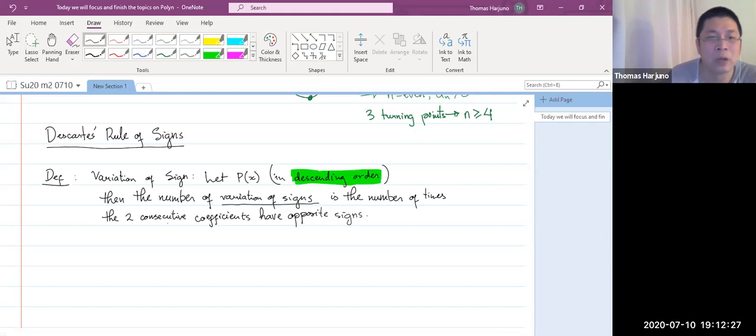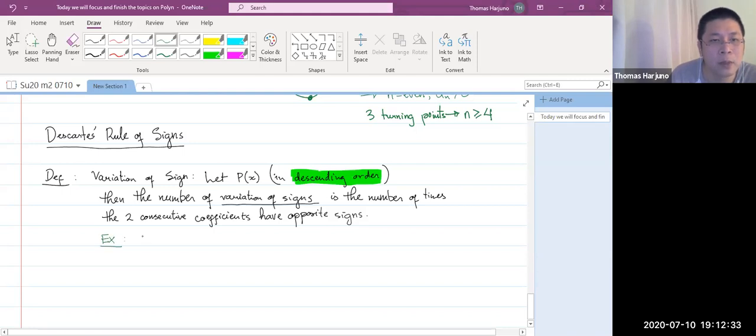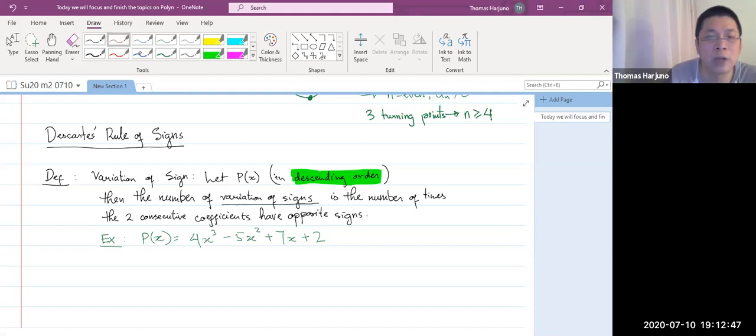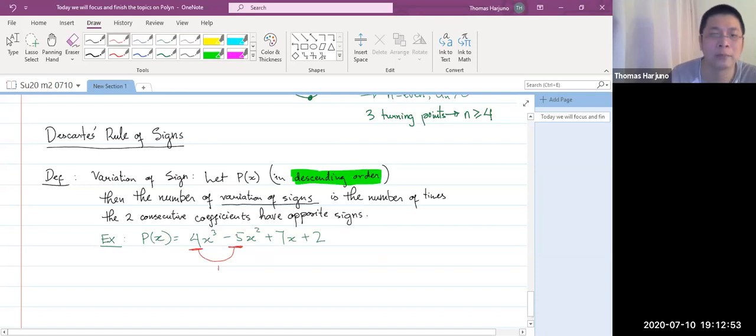Okay, so let's say, for example, if I have P(x) equals 4x cubed minus 5x squared plus 7x plus 2. Now the number of times the sign changes: from positive 4 to negative 5, we change one time, right?